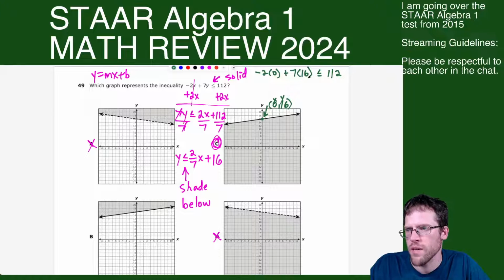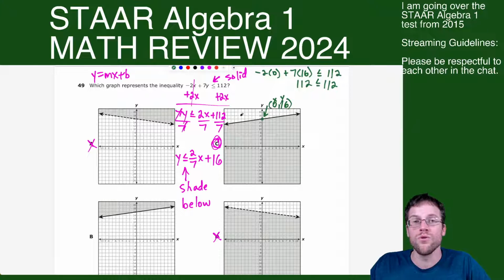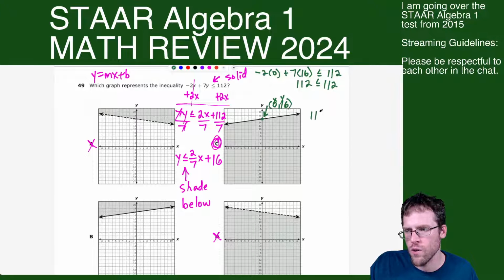And if I multiply this out, I get 112 is less than or equal to 112. So the equal to includes the points on the line. If it was just less than, I can't say 112 is less than 112. This is not true.